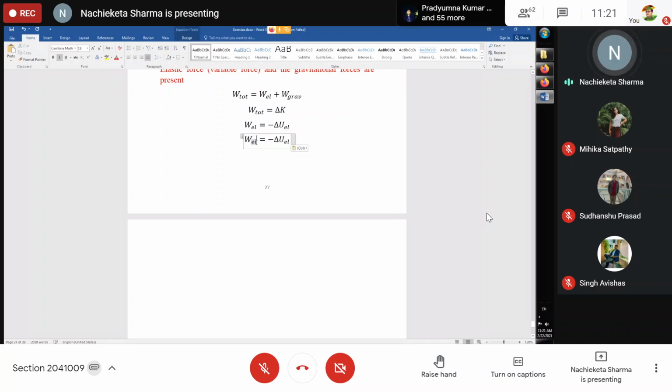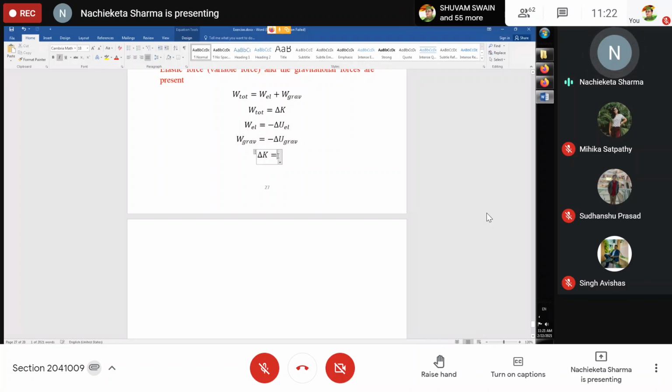In place of this EL, I will write GRAV, and similarly here I will write GRAV. So now I can write my delta K. If I put it in this first equation, then I will get delta K is equal to minus delta U EL minus delta U grav.